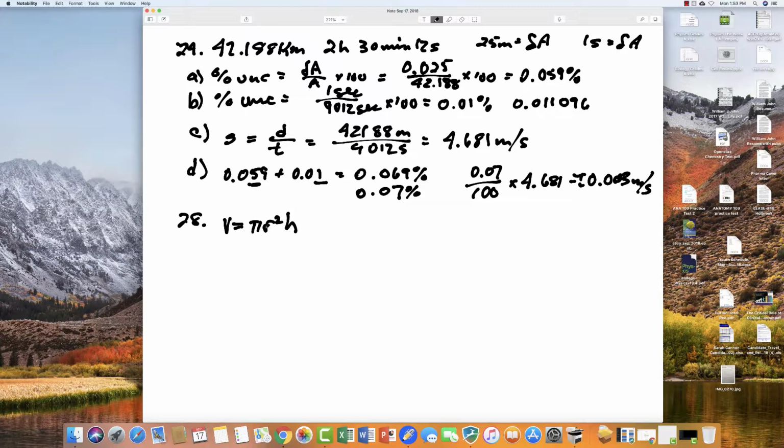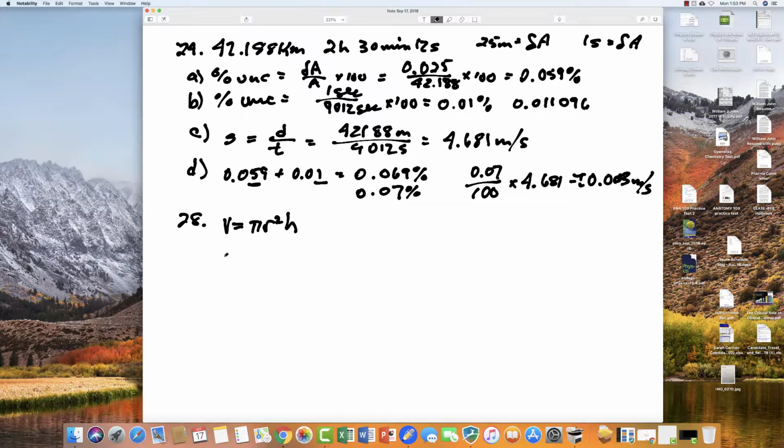By what amount is the gas decreased in volume in cubic centimeters? Basically, there's two ways to do that. You can calculate the volume before and the volume after and subtract them, or you can calculate the change in the height and do that.